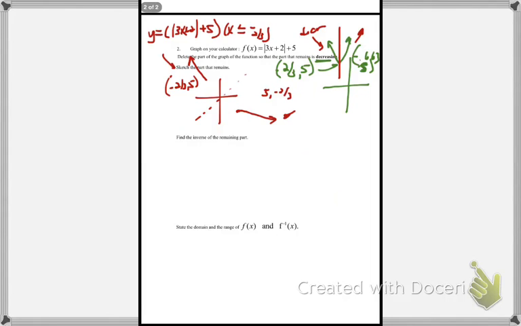Now let's find the equation for your new function, for your inverse function. Replace the f of x with y and swap them. So we're going to get x is equal to the absolute value of 3y plus 2, plus 5. You've got to solve for y, so subtract 5 from both sides.